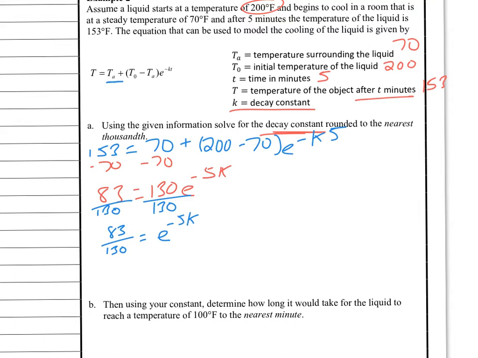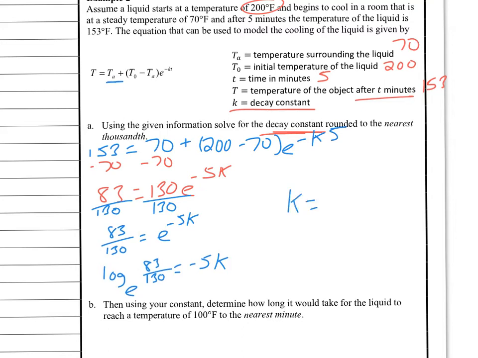And now we're going to change it to the log form. Log base e of 83 over 130 is going to equal our negative 5k. Remember, the log always equals the exponent, the base stays the base, because a log is just an exponent. Anyways, type that in the calculator, divide by negative 5, and you end up with k.